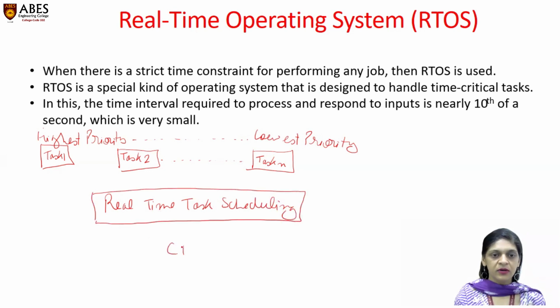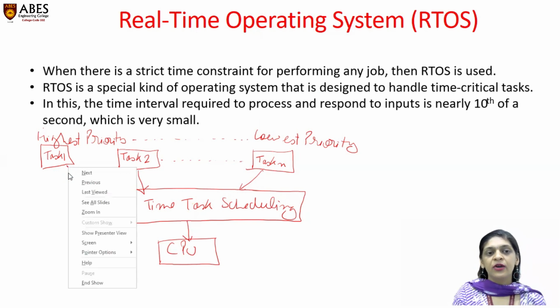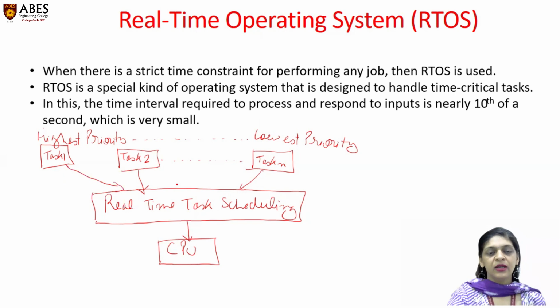And here is our CPU, which executes these various tasks. So according to this diagram, the scheduling algorithm we use in a real-time operating system will consider the task having the highest priority. It means the task which requires critical handling.